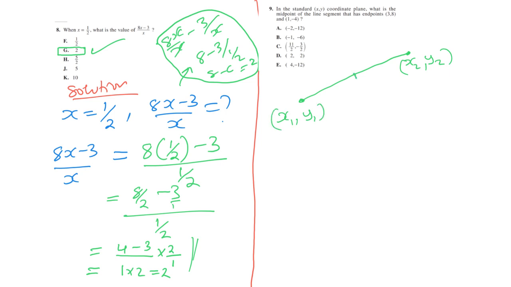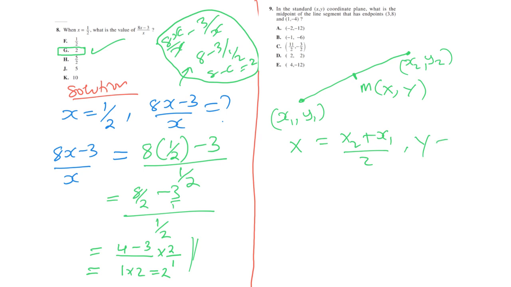Assume this is the middle of the line, M, and the coordinates are capital X and capital Y. Then capital X is x2 plus x1 divided by 2. You just average the x values at both ends.